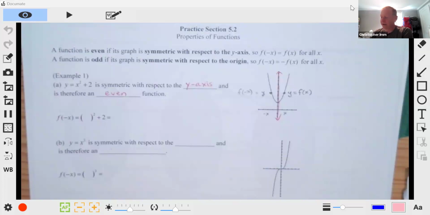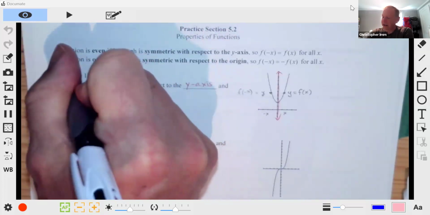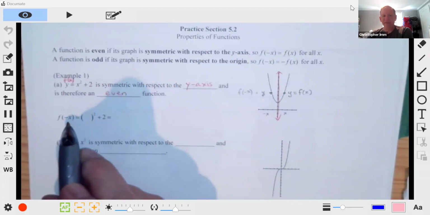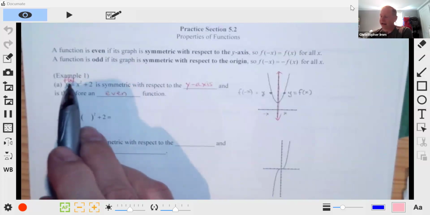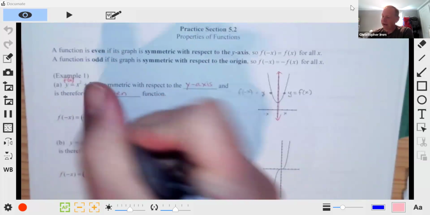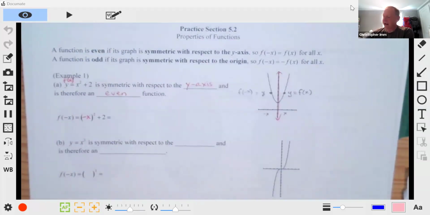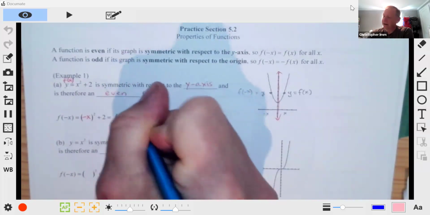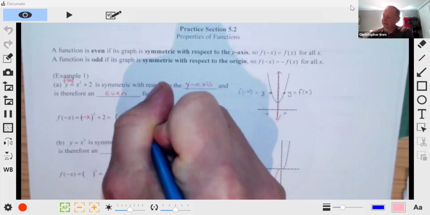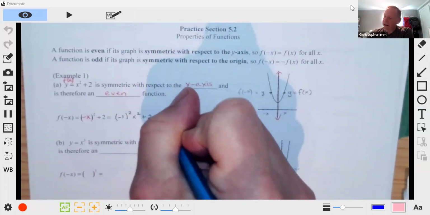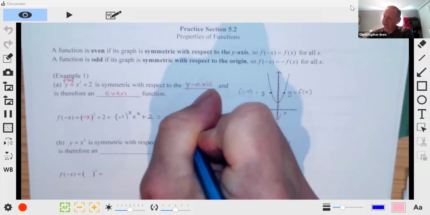Algebraically, we would say, okay, our function is f of x is equal to x squared plus 2. So if I evaluate f of minus x, I plug in negative x wherever I see an x in my function, I would have negative x squared. And then that would be negative 1 squared times x squared plus 2. Negative 1 times negative 1 is just 1. When I simplify, I get x squared plus 2.